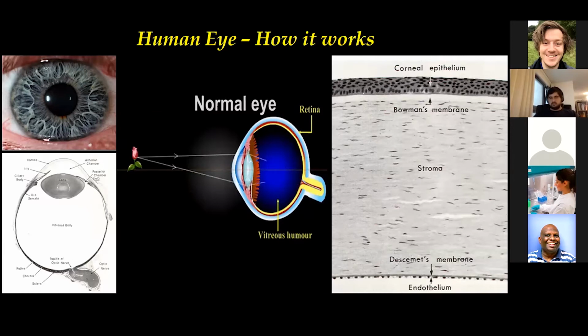We have the Bowman's layer, which is the acellular layer, also providing structural integrity to the tissue. And then we have the corneal stroma, which is basically taking up nearly 90% of the tissue structure. And at last, we have the Descemet's membrane and the endothelium layer, which are very important in providing nutrients and maintaining tissue hydration.